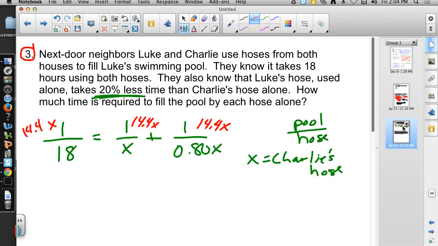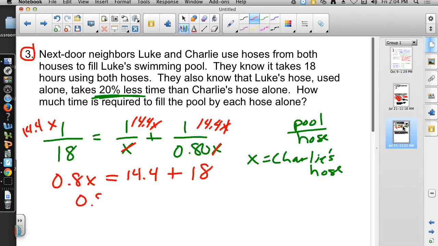So over here we have our 1 over 18, and we multiply that by 14.4x, and that gives us 0.8x. Over here the x's will cancel out, and we'll get 14.4, and over here we get 14.4 divided by 0.8, which is 18.